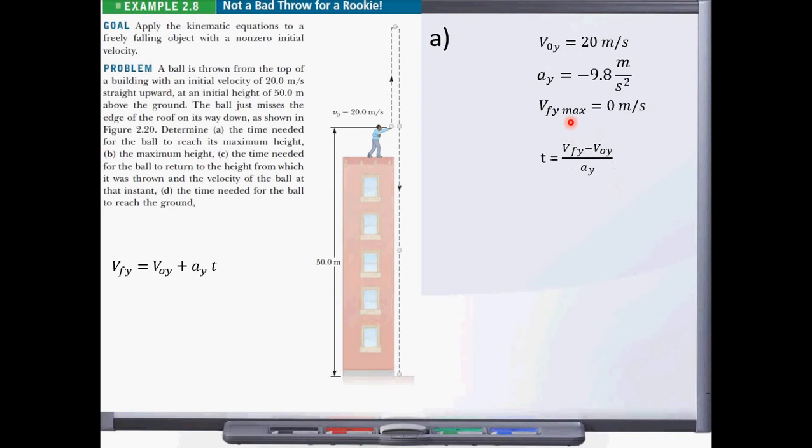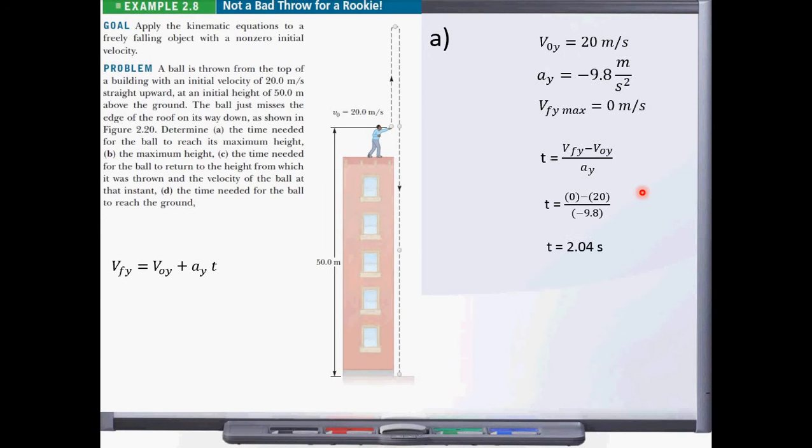You know that the final velocity on y, from here to here, this is your final velocity, and in this analysis it's 0, according to what I explained before. The initial is going to be always 20, because that's the initial, and the acceleration is going to be always minus 9.8.